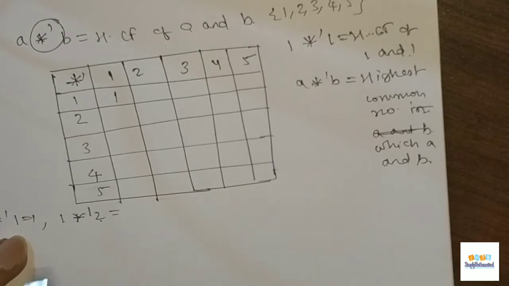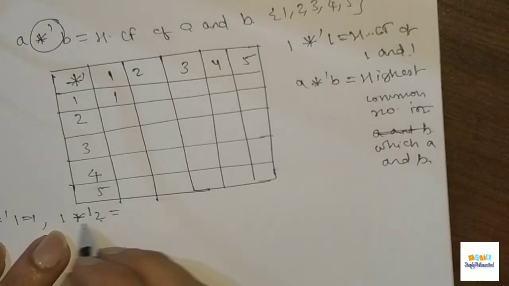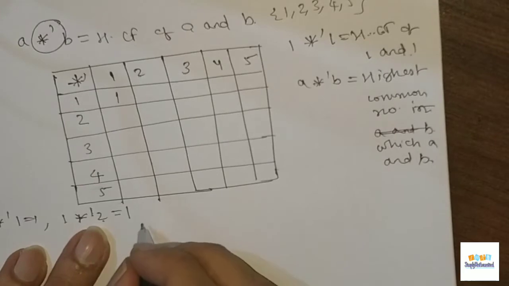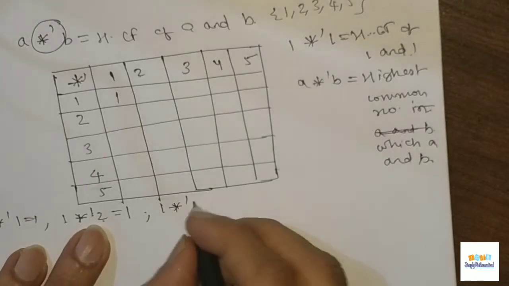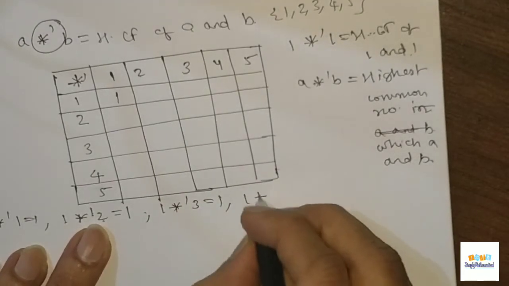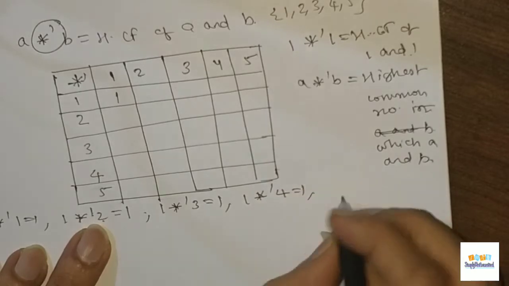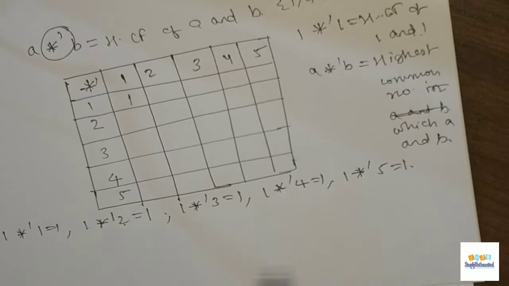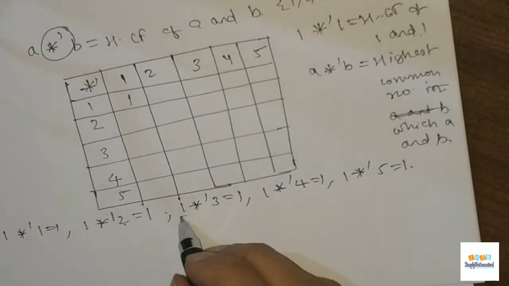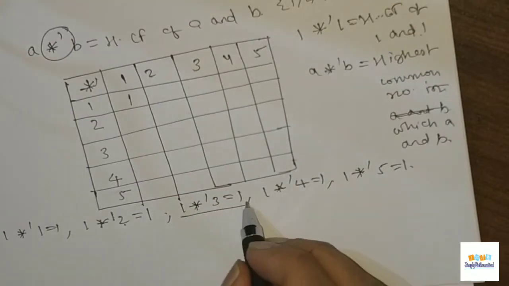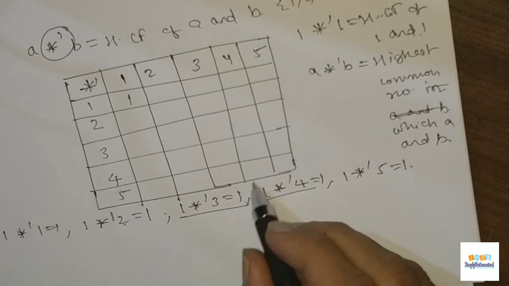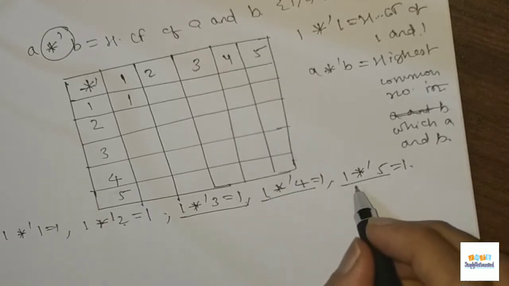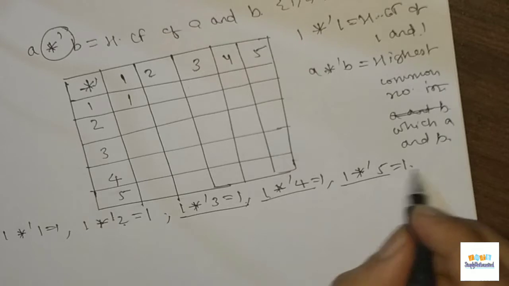So what is the highest number which divides both 1 and 2? It is 1. Then 1 star prime 3 will be 1, 1 star prime 4 will be 1, and 1 star prime 5 will be 1, because the highest common number which divides both 1 and 3 is 1, both 1 and 4 is 1, both 1 and 5 is 1.